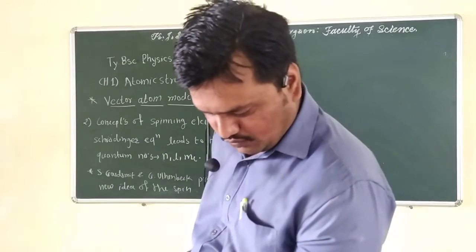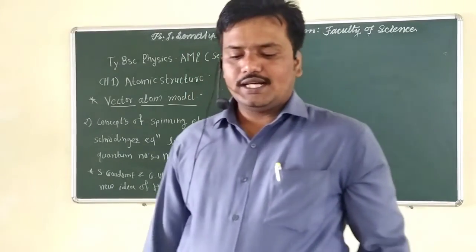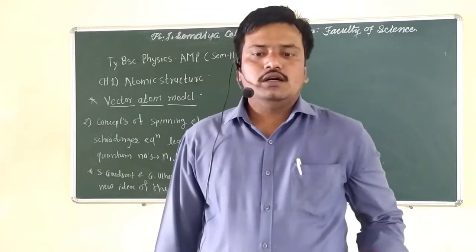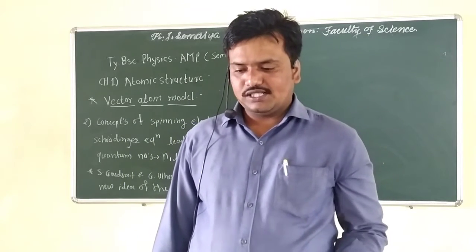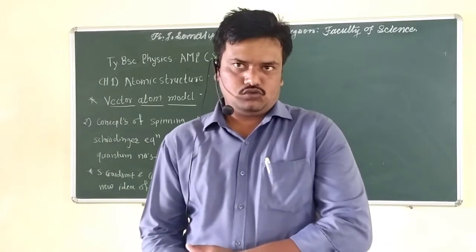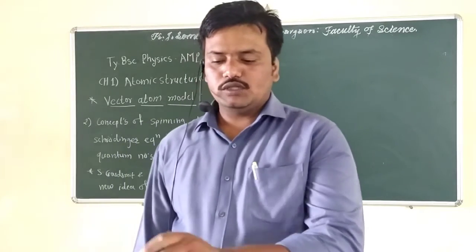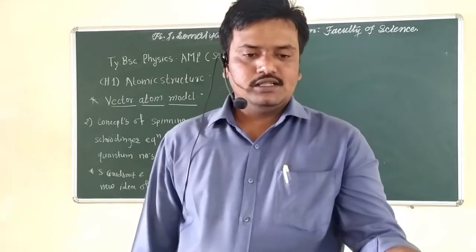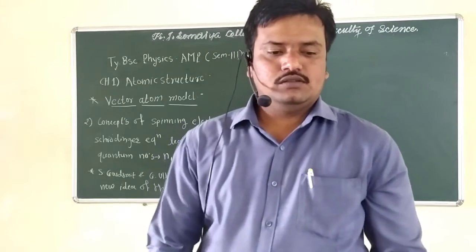According to this hypothesis, the electron spins about an axis passing through its center, while also moving around the nucleus in the atomic orbit.